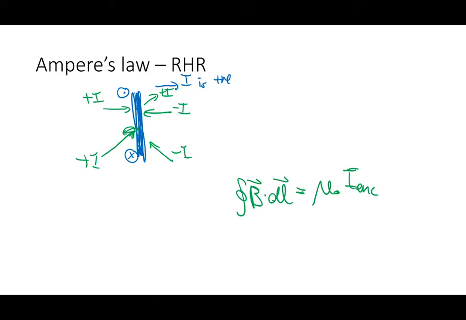But there are a few cases with really high symmetry where the loop integral evaluates nicely and we can actually get some results for magnetic fields. And as you suspect, similar to Gauss's law, it's very limited to a few cases of very, very high symmetry.